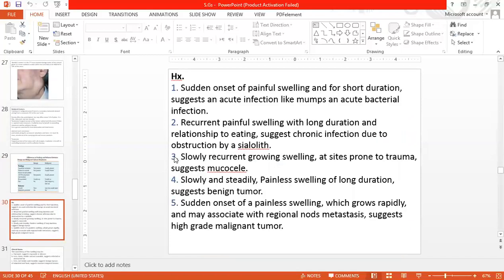How to manage those cases? First, we take the history. A sudden painful swelling of short duration suggests an infection. Recurrent painful swelling of long duration suggests a chronic infection. A slowly growing swelling may be a mucocele, or a slowly growing swelling may be a benign tumor, and a rapidly progressive tumor may be associated with a malignant condition.